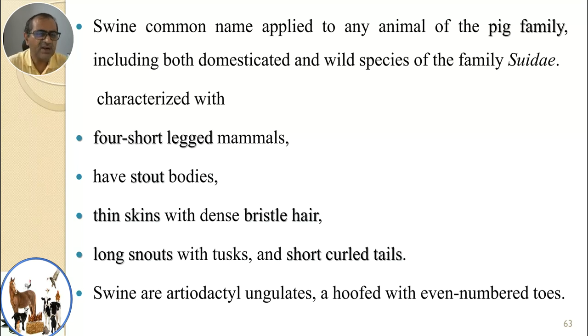The pigs have got stout bodies. They have got very stout bodies. And then the skin is thin, and bristle hairs are present on the entire body, and long snouts with tusks and short curled tails are present, especially in the pig. And swines are artiodactyl ungulates, hoofed with an even number of toes, just like the cattle.